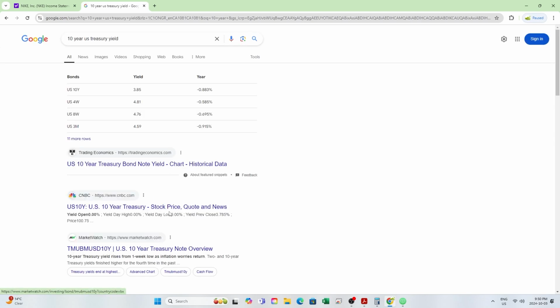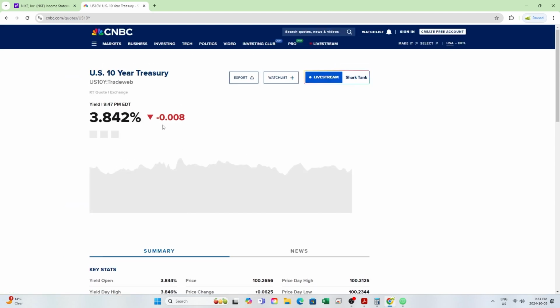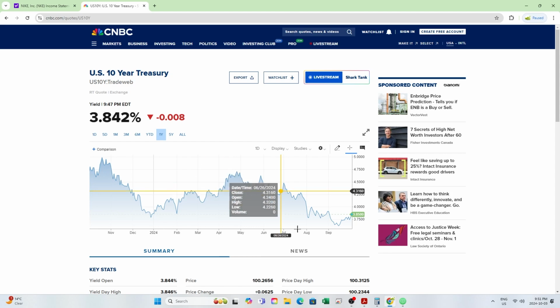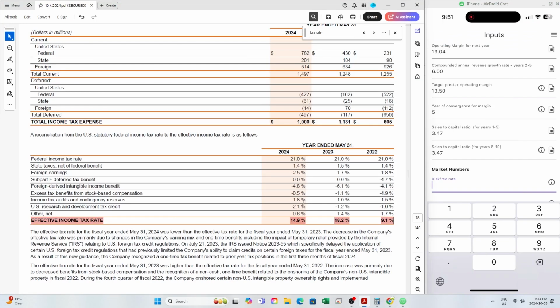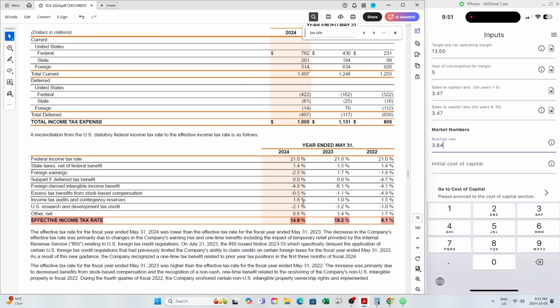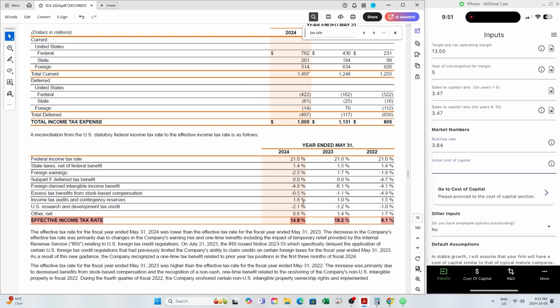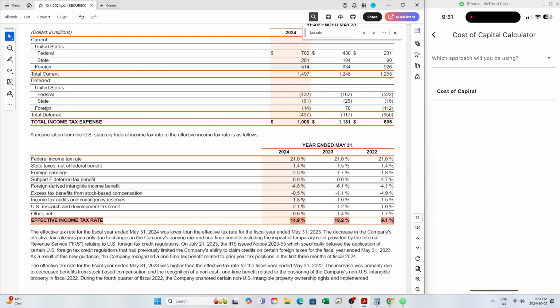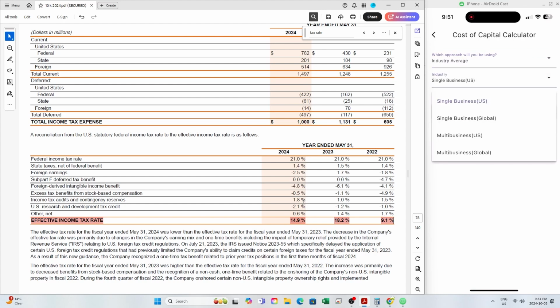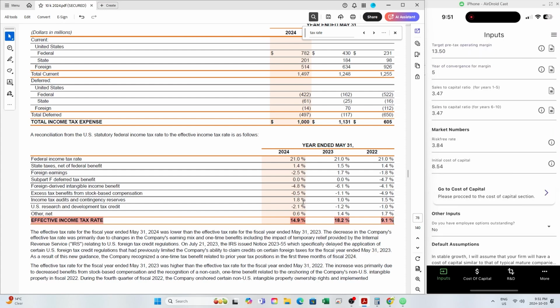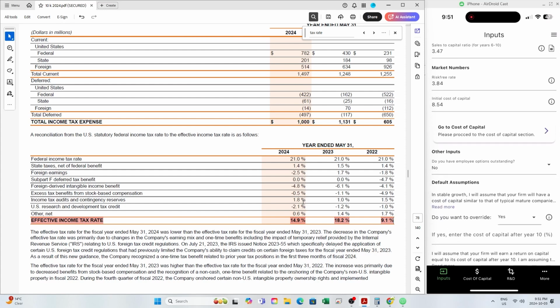It is trading right now at 3.85%, actually 3.84%. For the initial cost of capital, we need to go to the cost of capital worksheet, and I am using the industry approach here, single business global, and the cost of capital we get is 8.54.